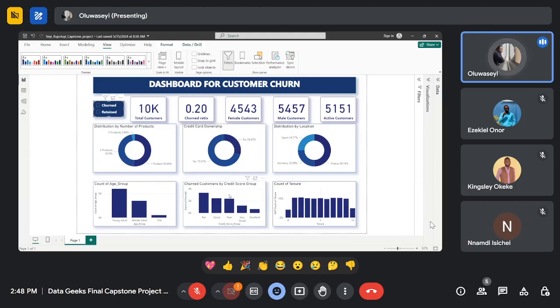Now, by customers, churn ratio or churned customers by credit card group. Now, this is not the point where we're looking at the churned value. This is just the customers. I should have done customers by credit score group, not churn customers. Customers by credit score group. We can see that those with excellent credit score are not really patronizing the bank.